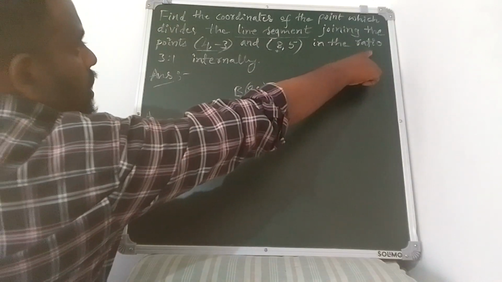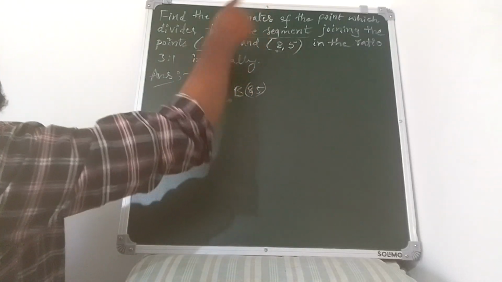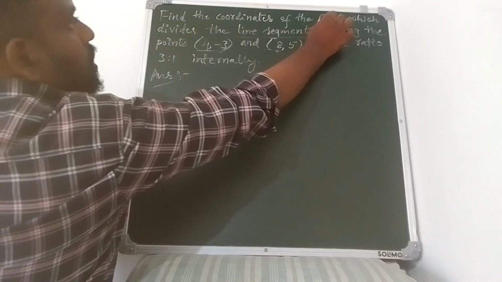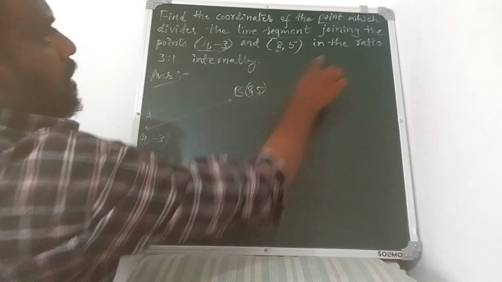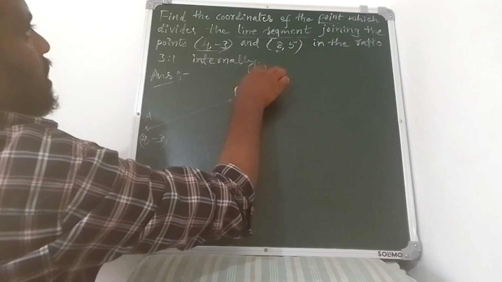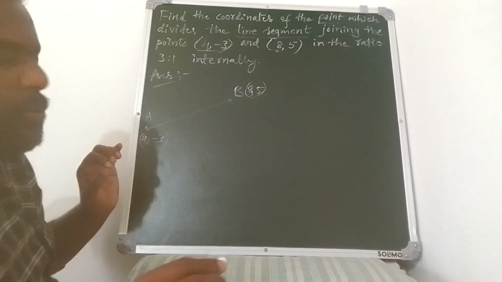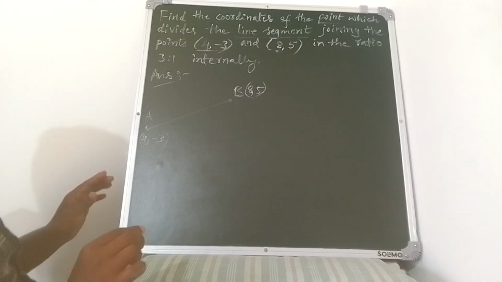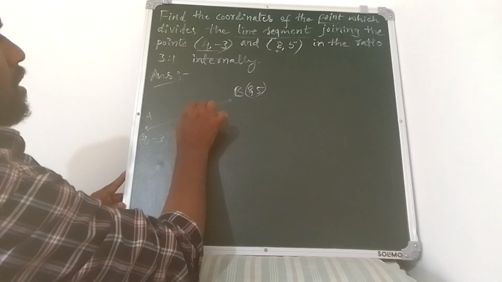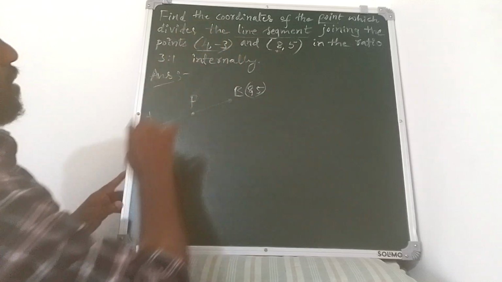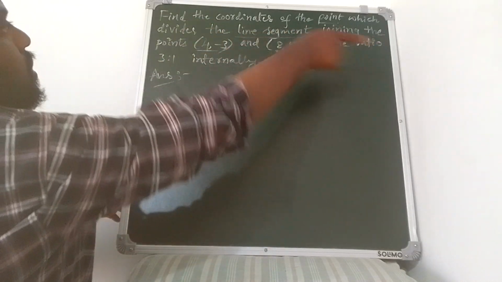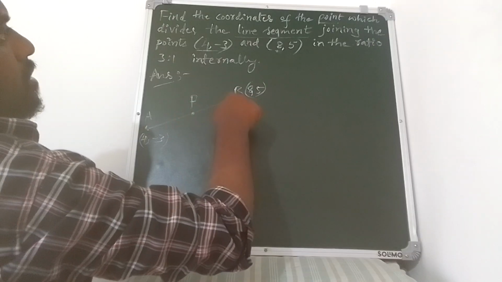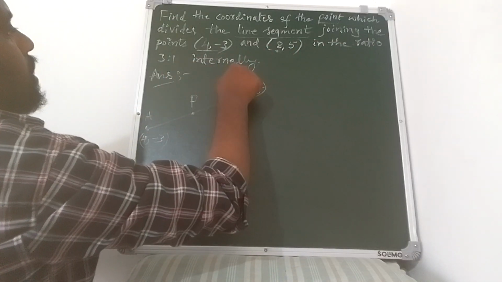They are telling the ratio 3 is to 1 internally. A point which divides this line segment in the ratio 3 is to 1 internally means there is a point on this line. So on this line I will take point P. This point P divides this line segment in the ratio 3 is to 1 internally.